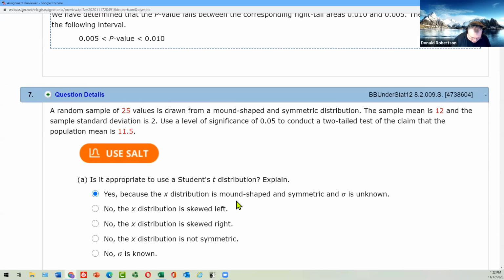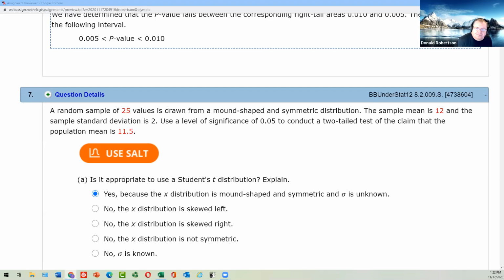In this story, I'm going to have to write it down because this picture's going to disappear in a minute. We know that n is 25. We know that the mean is 12, that the standard deviation is 2, and we're going to test that it's not 11.5. So here it goes.